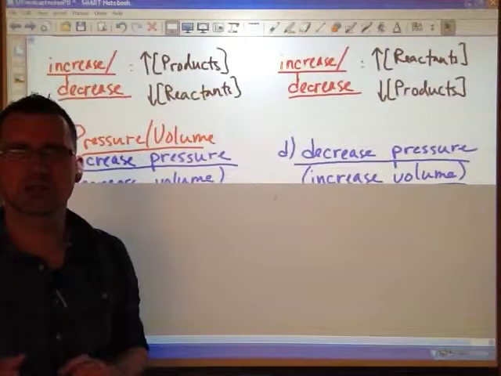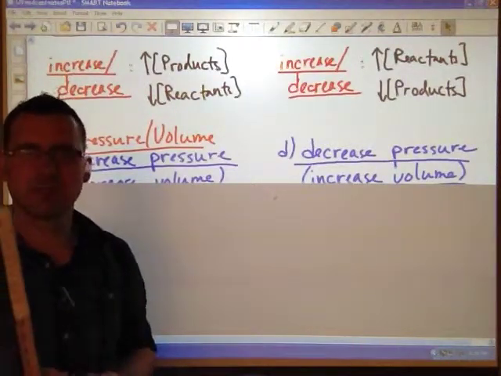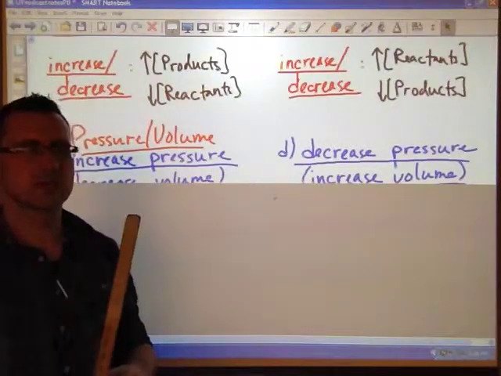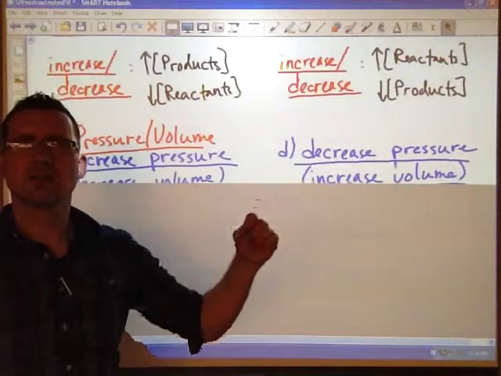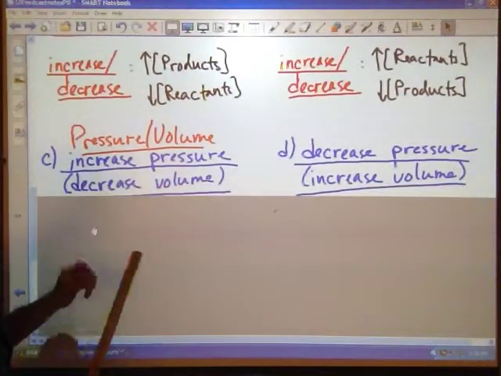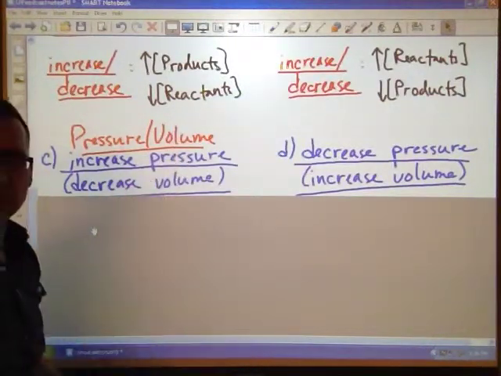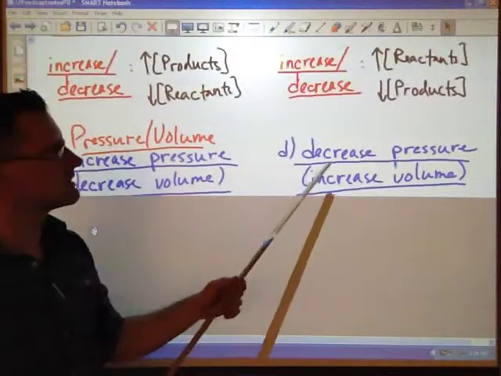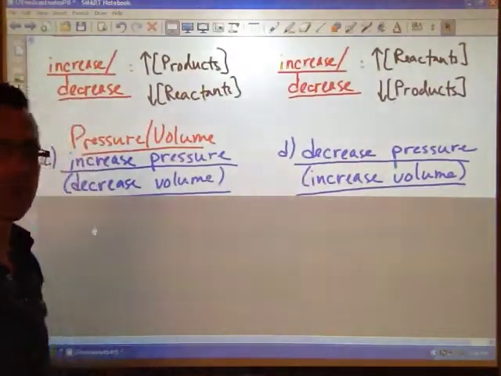They'll exert a lot of pressure on each other. So if you squeeze things together, you increase pressure. Whereas if I take those people out of that elevator, put them in a room, there's more room, more volume, there's reduced pressure. So these are inversely related. If you increase the pressure on something, you're decreasing the space that they're in, or vice versa. Decreased pressure is the same thing as increasing volume.